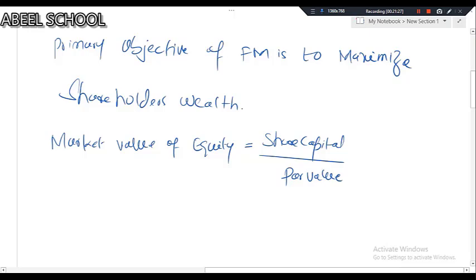Multiply this with the current share price.